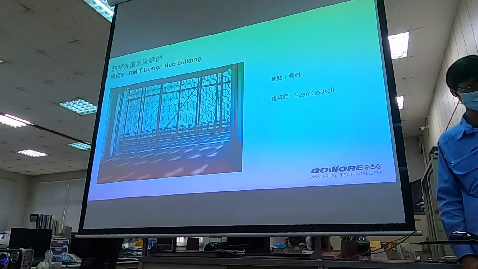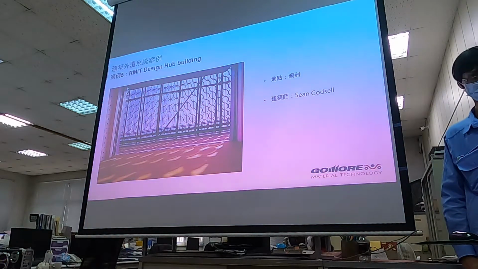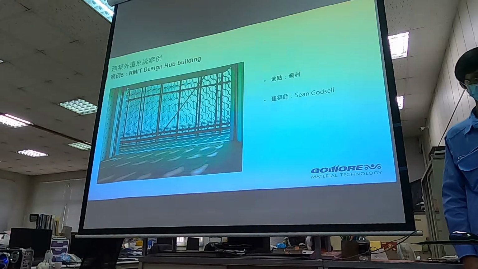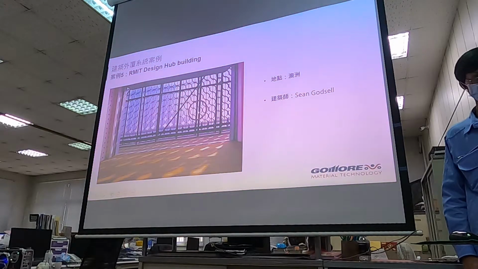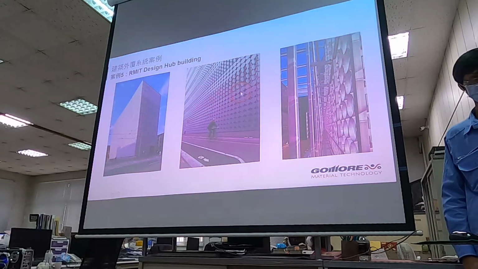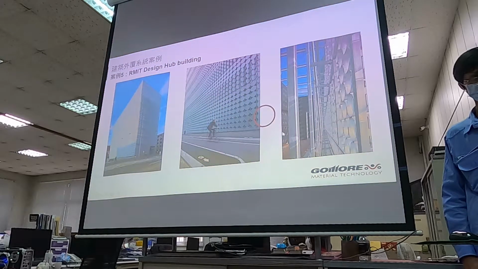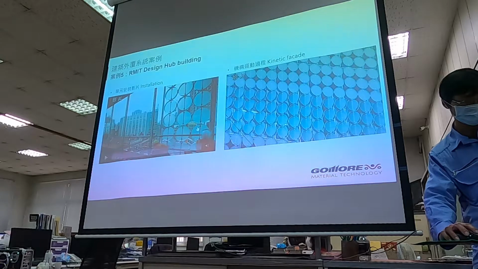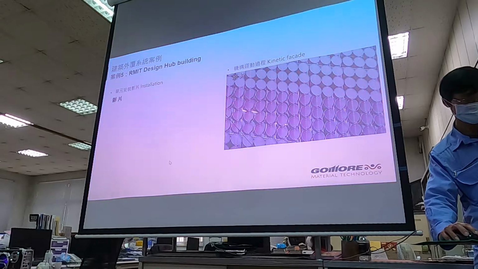And this is also a design of a building from RMIT, which is a school. They have a kinetic facade for sun shading. The facade appearance looks like this, but it can react to the climate. So we can play the video, so you can see how they move and respond to the climate.